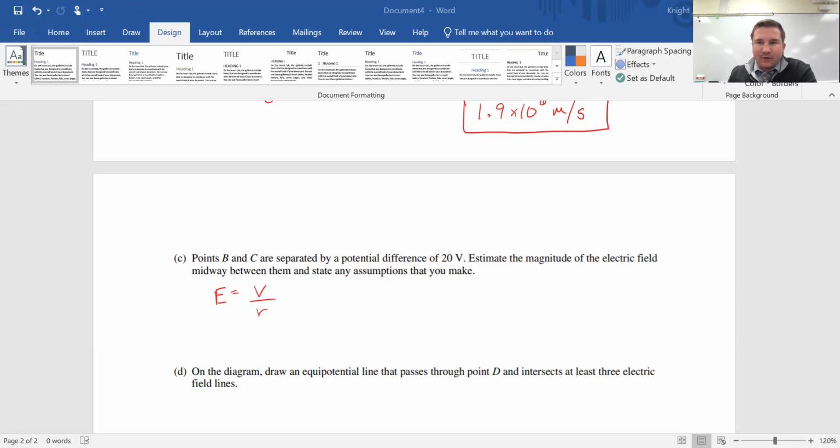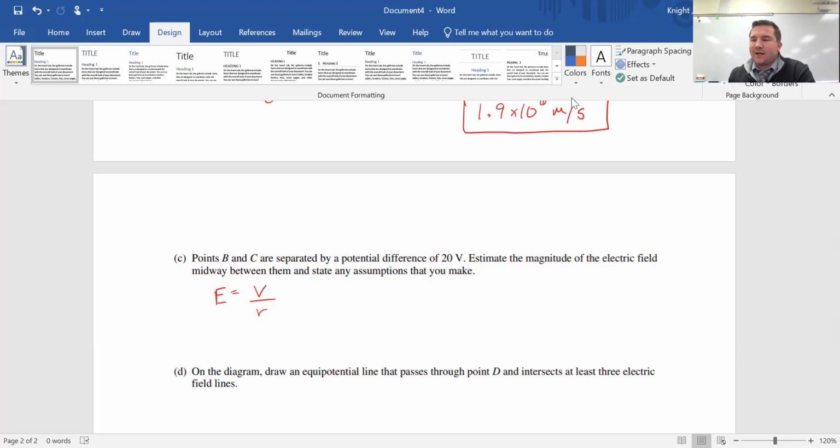It is V over R. Okay. I was panicking for a second, but it is V over R. We could get that using the potential equation as well, if we wanted to, right?